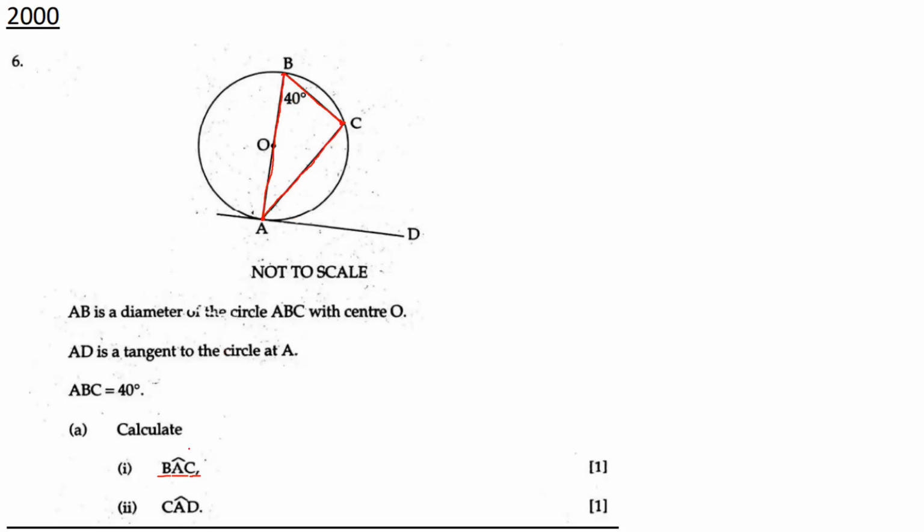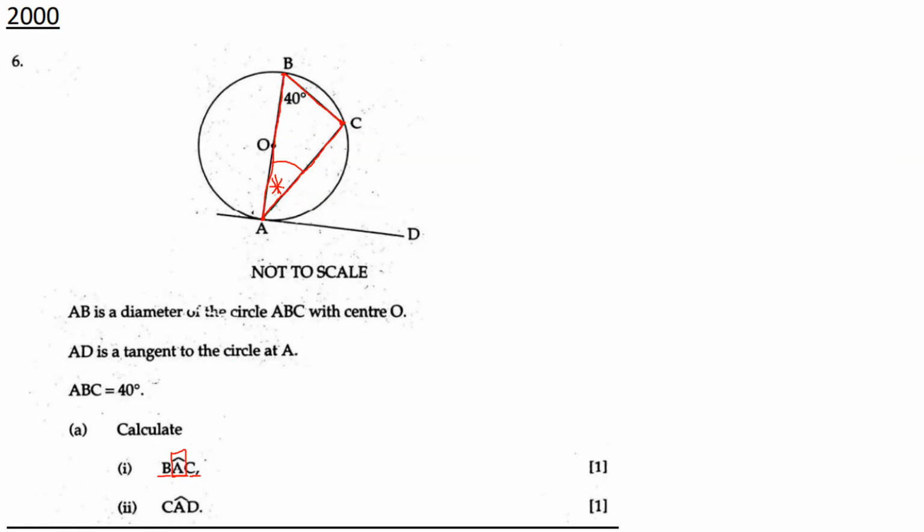Okay, so we're trying to figure out what is the value of angle A. So angle A would definitely be this one. That is angle A, that's the one we're looking at.